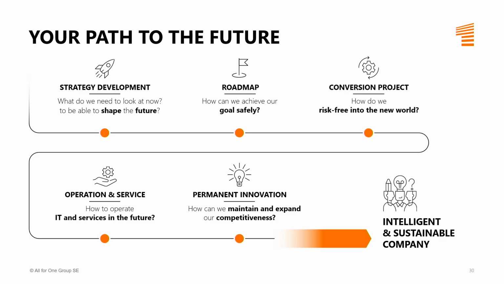The conversion project: how do we get risk-free into the new world? And the operation and service: how do we operate the IT in the future, for example, in a data center or at home, on-prem, or with RISE? And how can we handle the permanent innovation that SAP brings us from year to year?